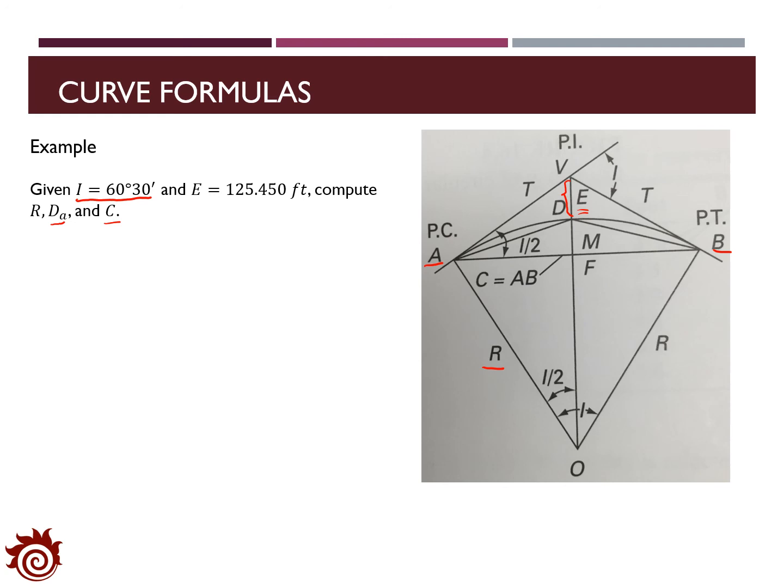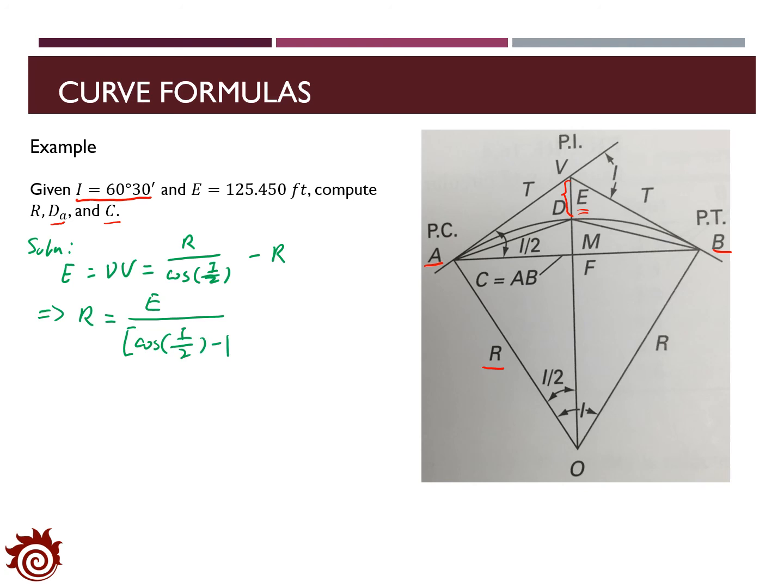First, let's see how we can calculate the radius of the curve. In the solution, we can call the curve formulas that we defined in the previous pages. The value of E, which is the segment DE, is defined as R over cosine half I minus R. So this gives us R equal to E divided by cosine half I minus 1.